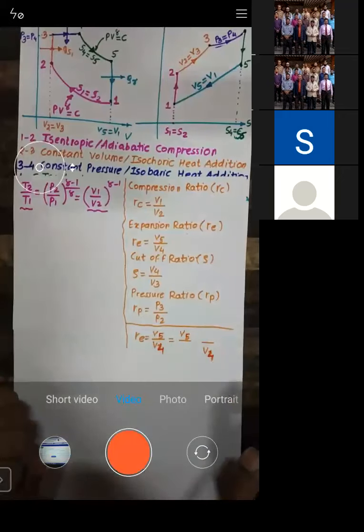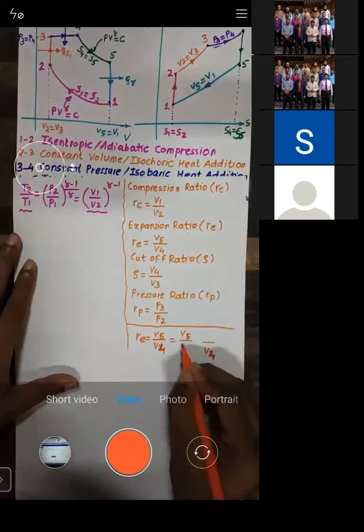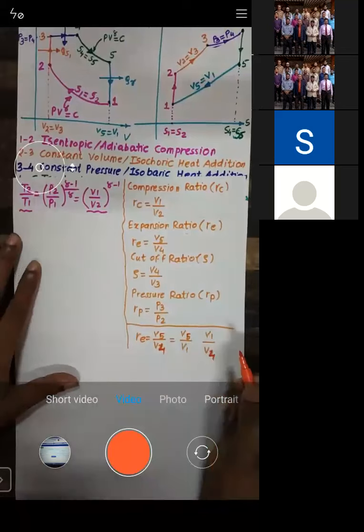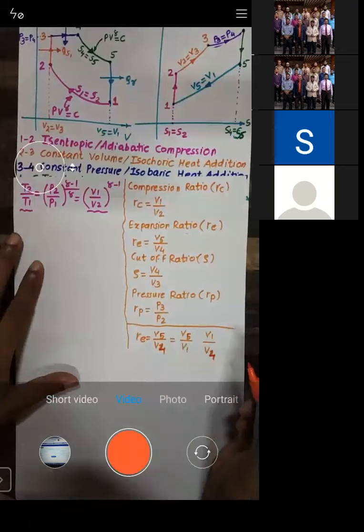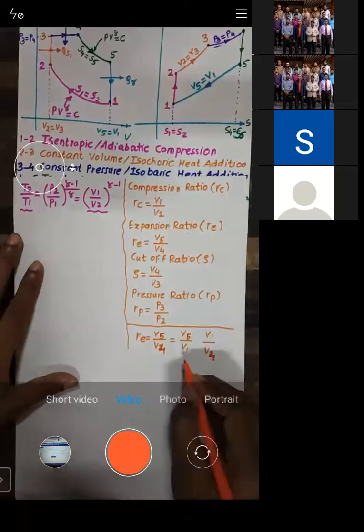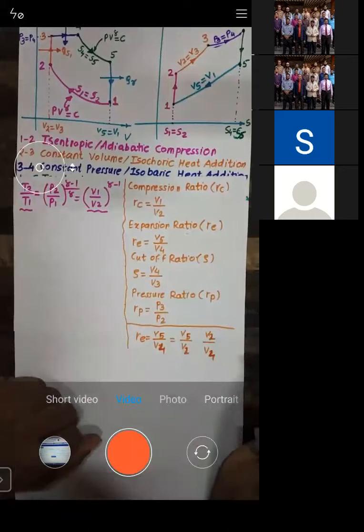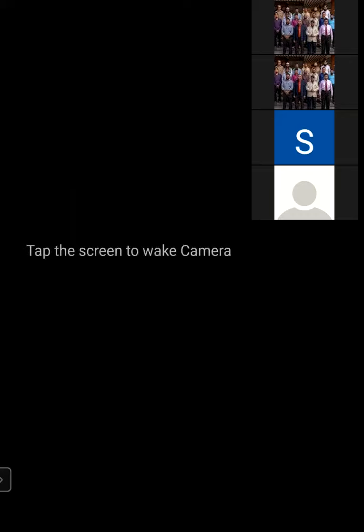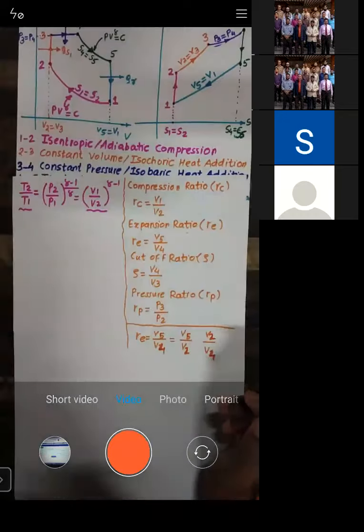If I multiply and divide by V1, what will happen? They are one and the same, I can't do that. Can I do it here as V2? I'll divide and multiply by V2. Is that okay? Just let me know.